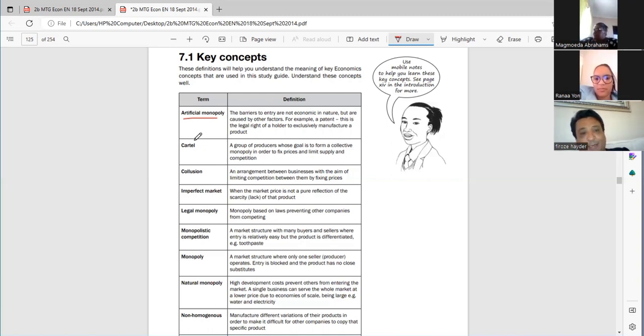Okay. Next one, a cartel. A cartel belongs to an oligopoly. An oligopoly is only a few sellers. An example of an oligopoly would be petrol stations, like Shell, Caltex, Engen, Total.